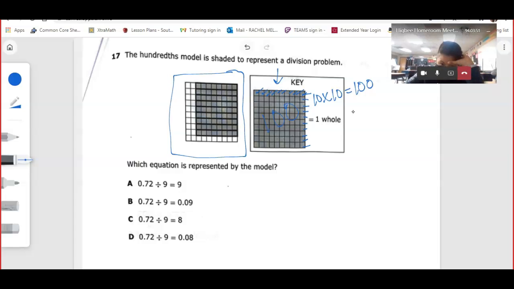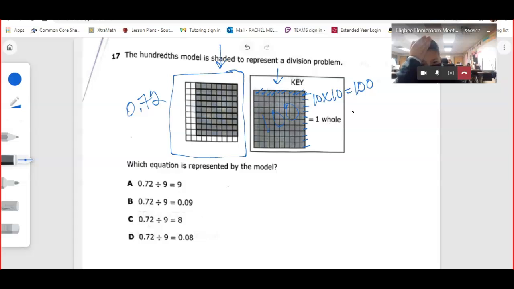Now, going back to the problem, how many squares are colored in? 72. And what is each square representing? 1/100th, right? Okay, so the colored part of this is 72 hundredths.